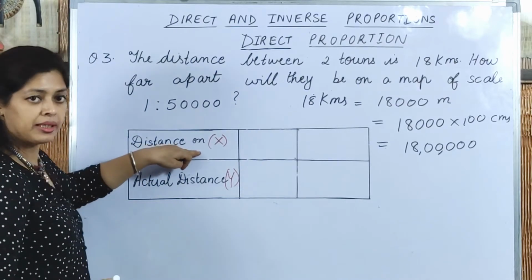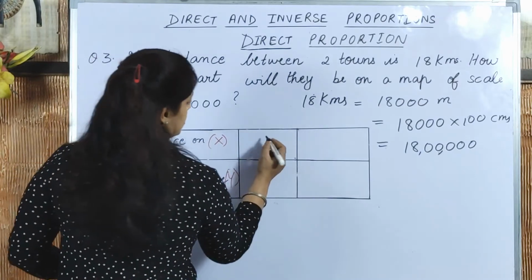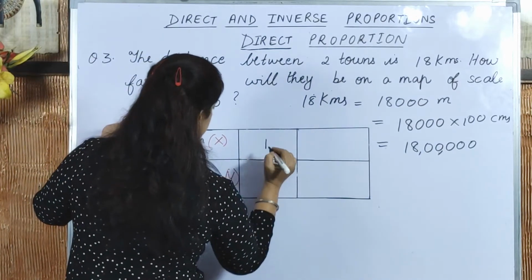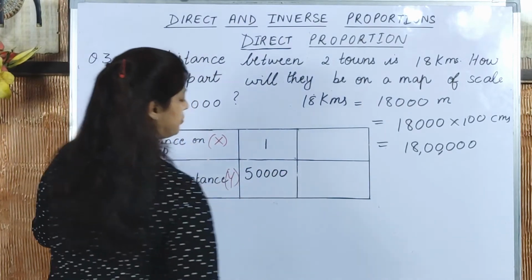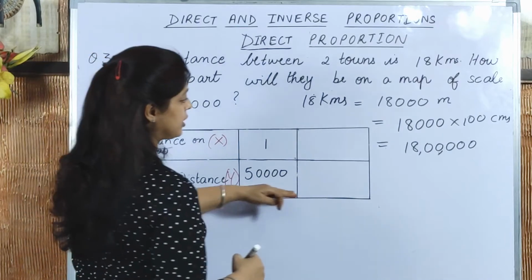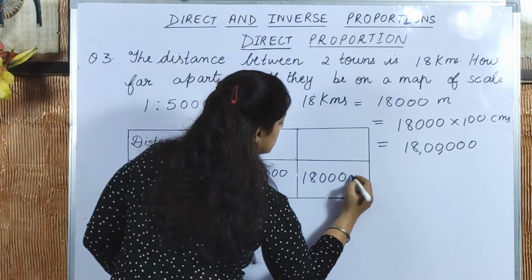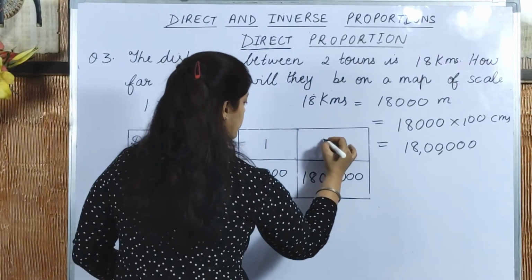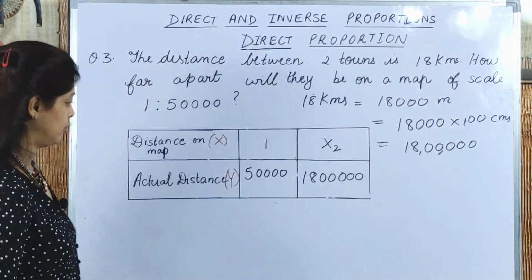Distance on map is represented by x and actual distance by the variable y. So I'm given that if distance on map is 1 centimeter, the actual distance is 50,000 centimeters. And if the actual distance is 18 lakh centimeters, then what is the distance on map? So I'm required to find the value of x2.